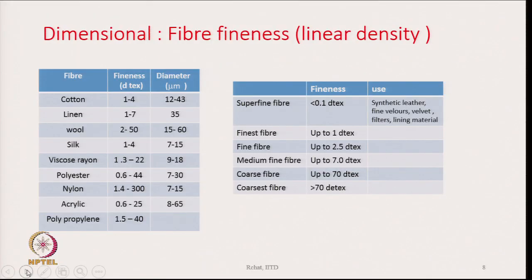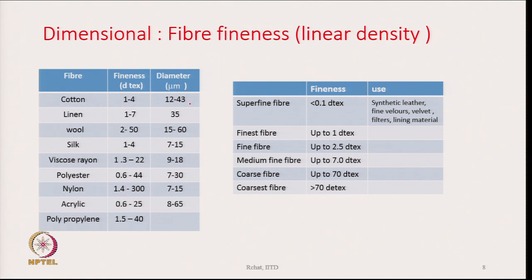Now, we will discuss the various attributes of the fiber and their possible role or their significance. The first parameter that we are going to discuss is fiber fineness or linear density of the fiber. Now, we see a table where the typical fineness values of some fibers are listed: cotton, linen, wool, silk, viscose rayon, polyester, nylon, acrylic, polypropylene.